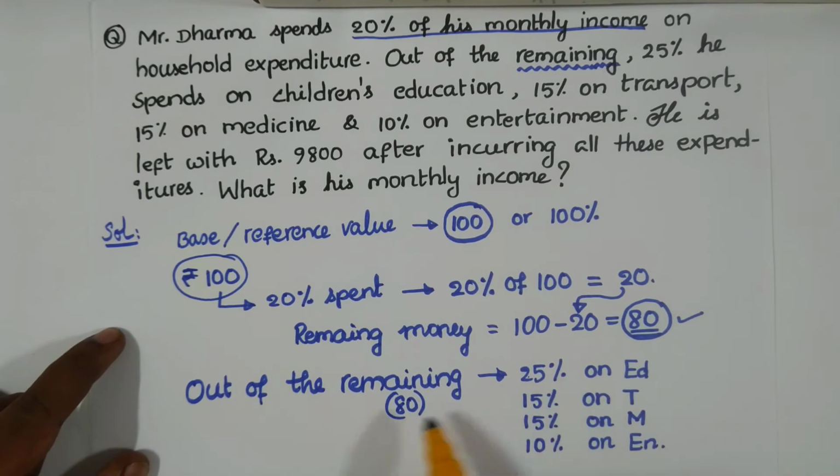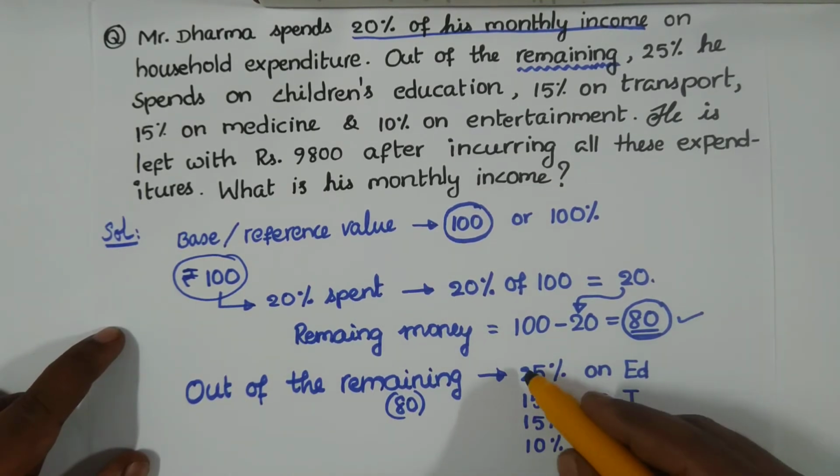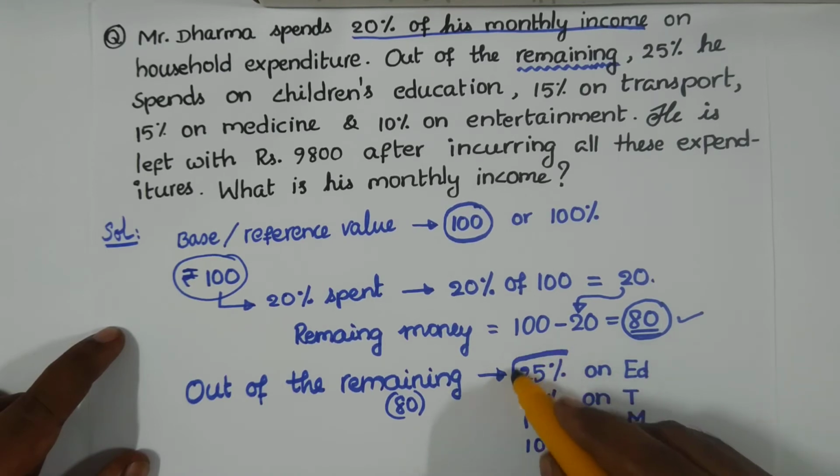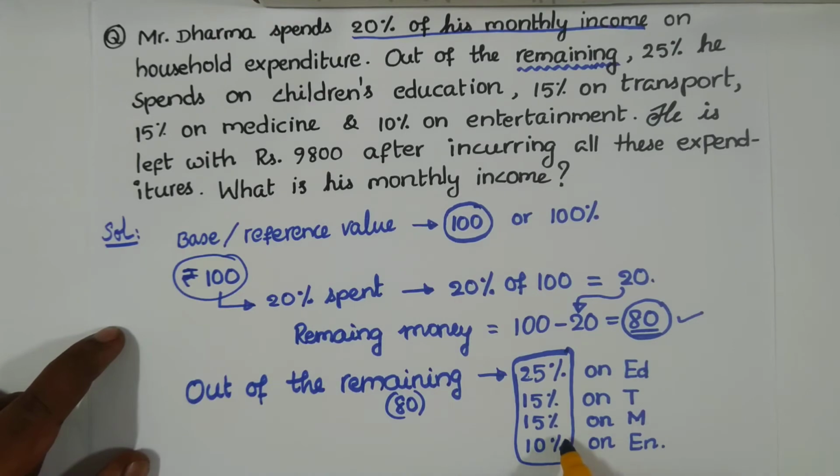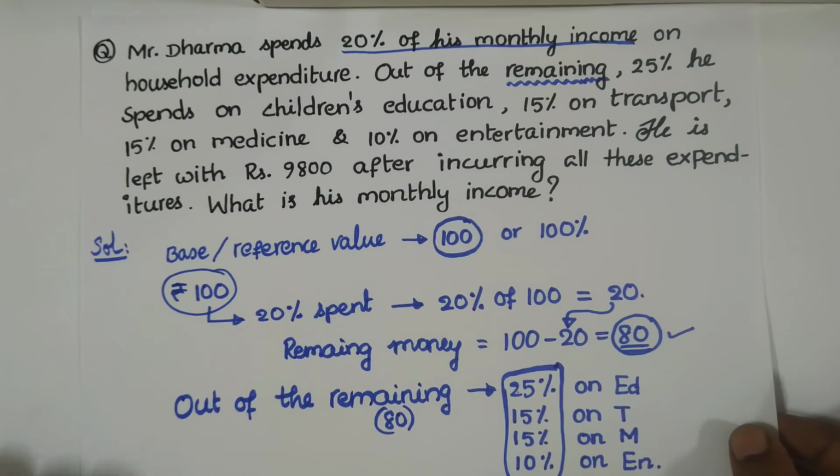Now see, you can do 25 percentage of 80 plus 15 percentage of 80. Otherwise you just sum up all these quantities, and take this sum percentage of 80. Let's take another page.